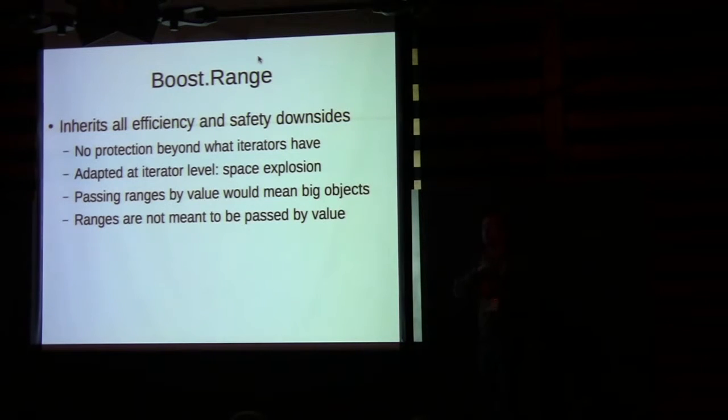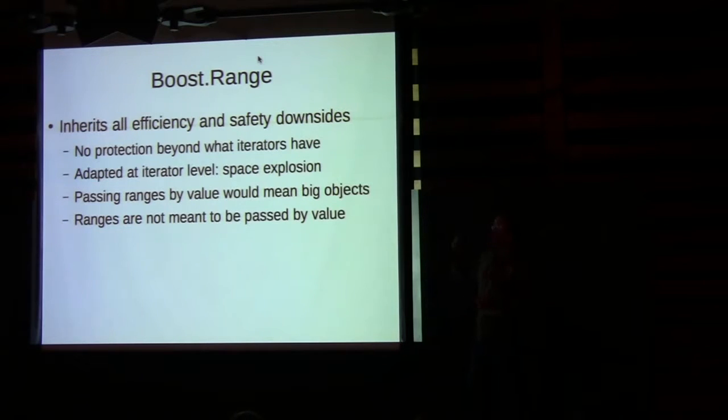Has any one of you ever written their own iterator that had a debug interface? Except Howard? Eric? Great. Oh, 3 people actually. I'm surprised. Yes, true. It's not easy.